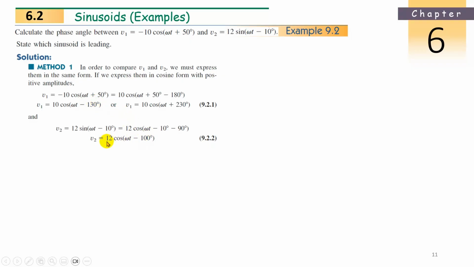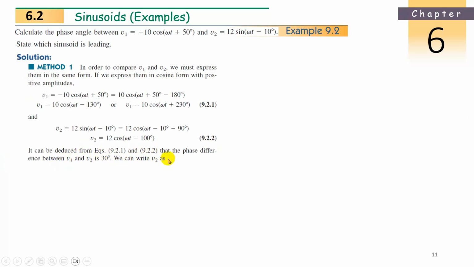So V2 is leading V1, meaning V2 comes first and then V1, because V1 is 30 degrees behind. Compare this: omega t minus 100, and omega t minus 100 minus 30. So V1 is behind by 30 degrees. So V2 is leading V1, we can say. It can be deduced from the equations that the phase difference between V1 and V2 is 30 degrees.